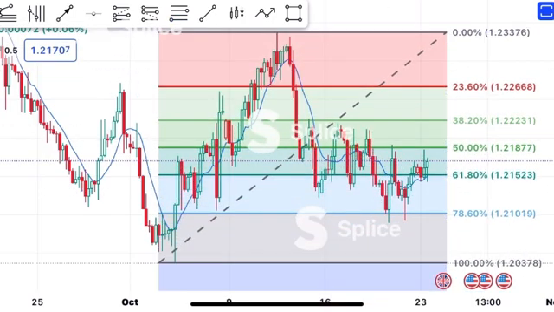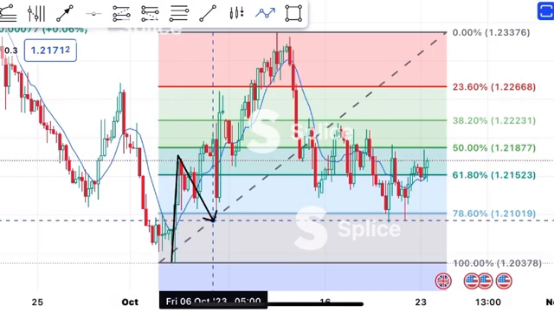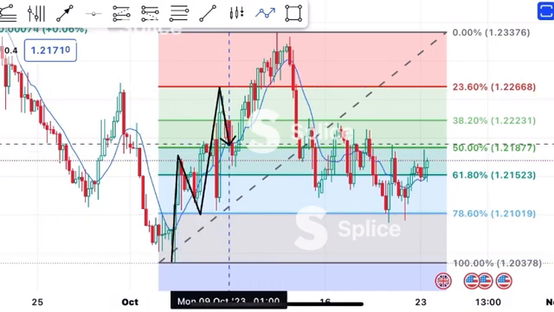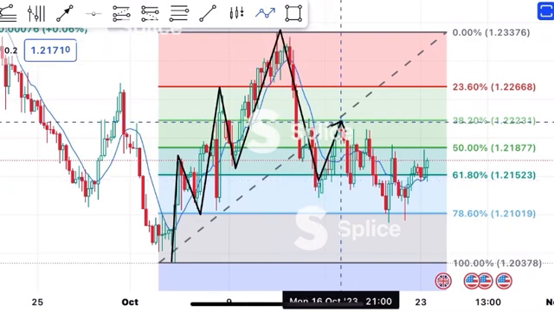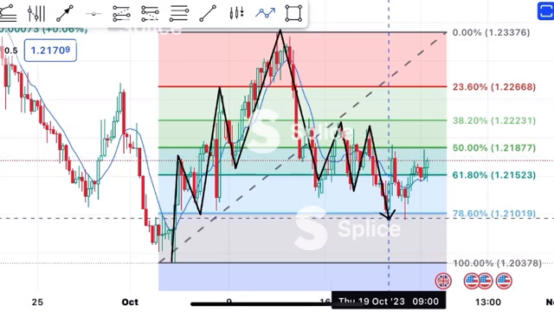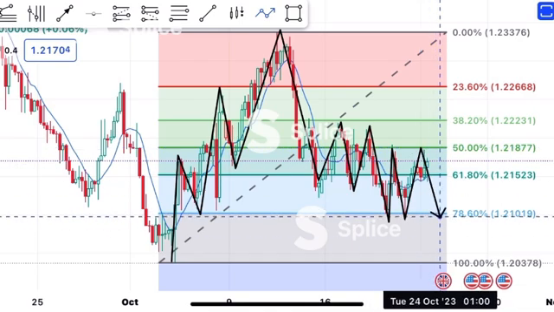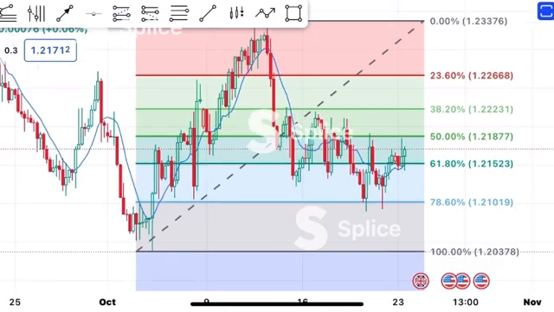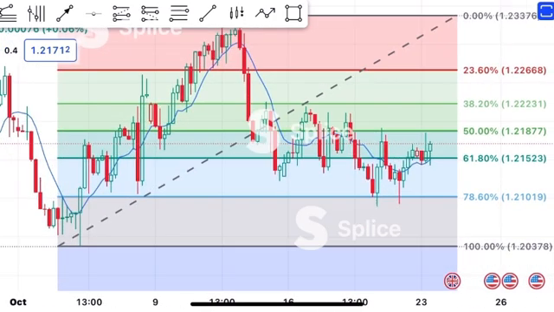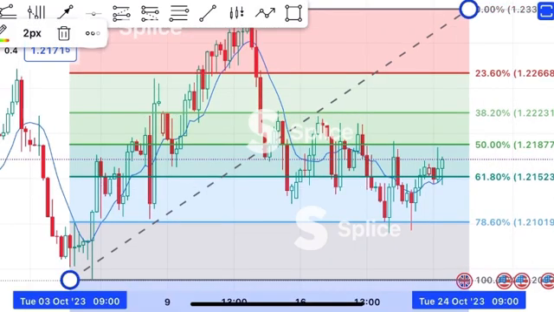As you can see, the price also respects all these zones and all these levels. So you can always use the Fibonacci retracement tool to understand the price movement and to see how the price reacts when it hits each of these levels. So there is that for the Fibonacci retracement.